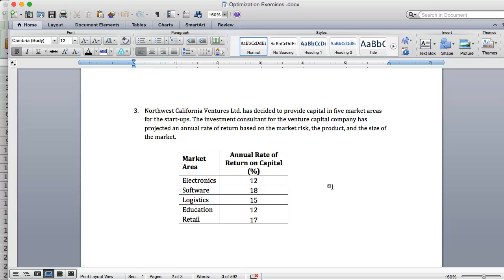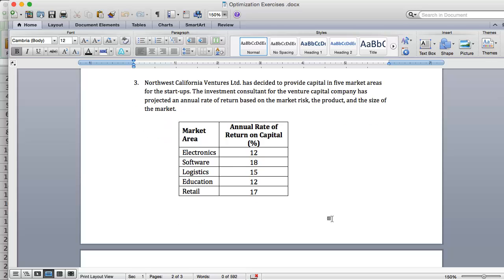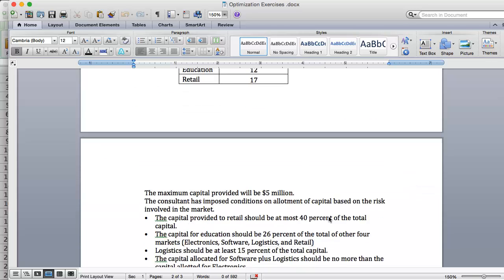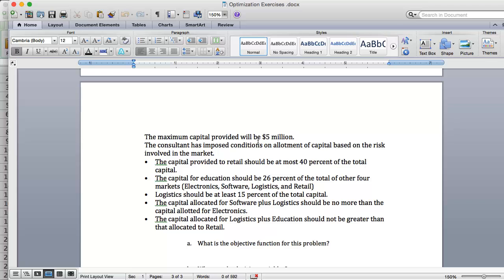These are estimated rates of return for these 5 different market areas. The objective function for this problem would be to maximize our total return using those rates and some constraints.